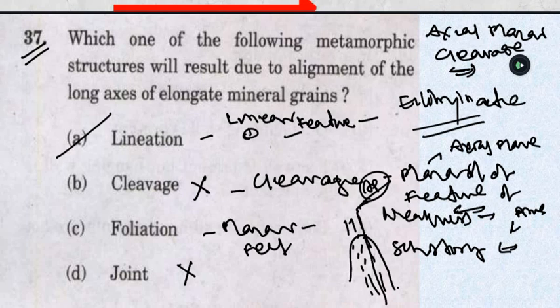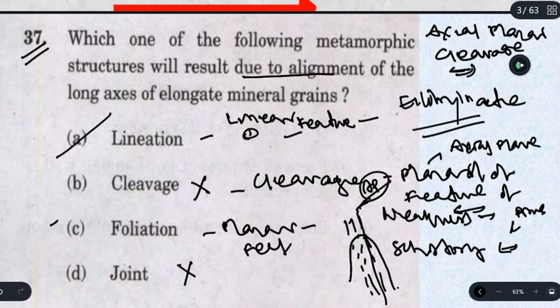Just let me see. How many are there? Okay. So, what will be the right answer? Lineation or foliation? Batao, C or A? Which of the following metamorphic structures will result due to the alignment of the long axis of elongate mineral grains?